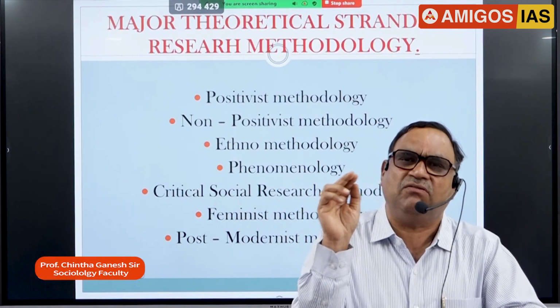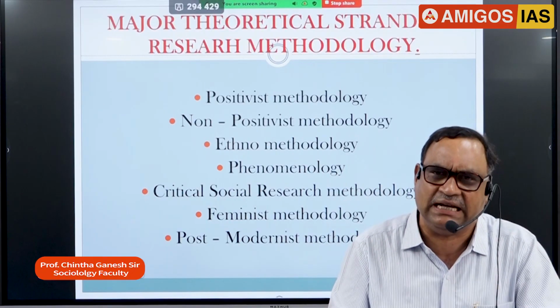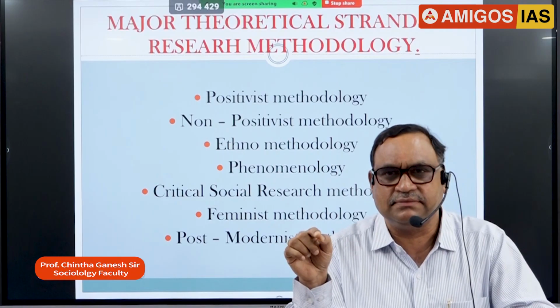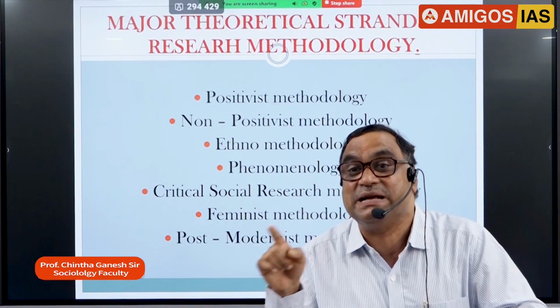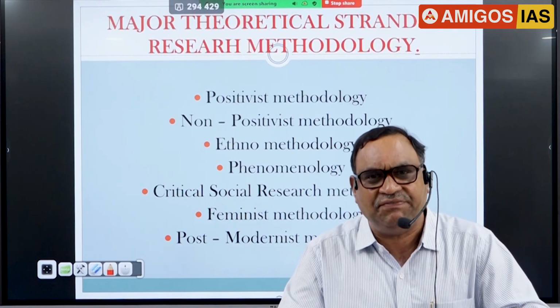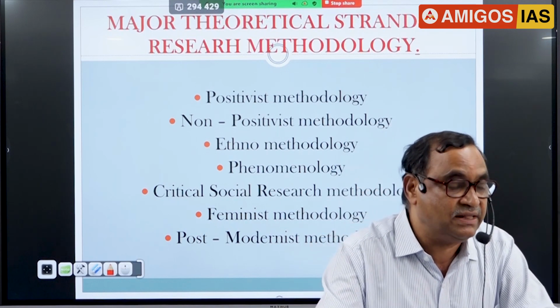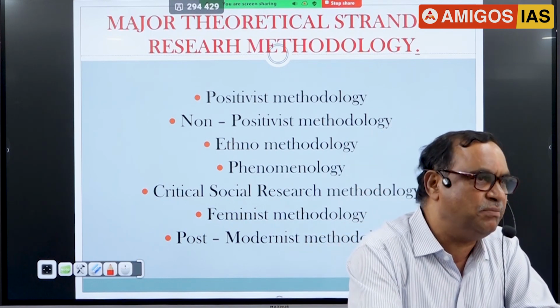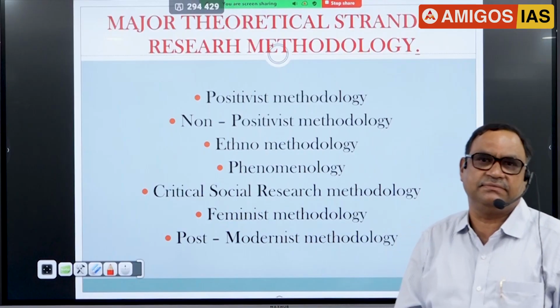So sociologists have argued that initially the founding fathers of sociology like Auguste Comte, Emile Durkheim, Max Weber, Herbert Spencer, all of them have argued that yes, scientific methodology can be applied for the study of social phenomena. So like that, positivist methodology has emerged.